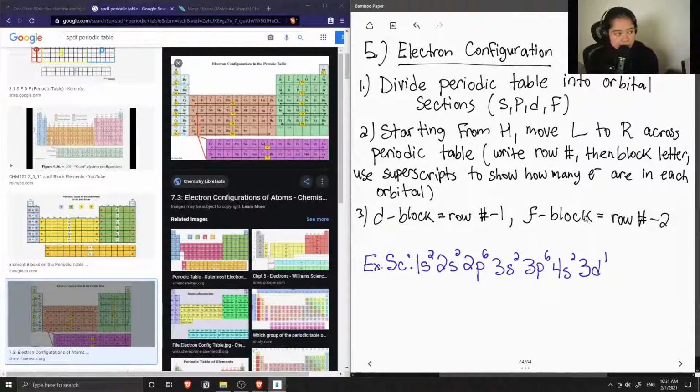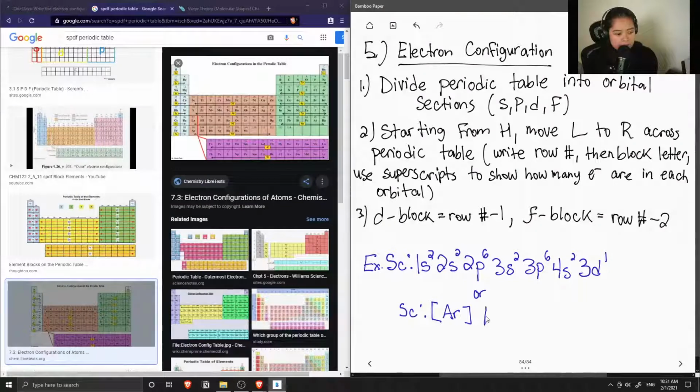for scandium. And if we were to write this as a shorthand configuration, we would first need to identify the noble gas that comes before scandium, which is argon. So we'd write argon in square brackets, and then just continue on to write the rest of the electron configuration from there.